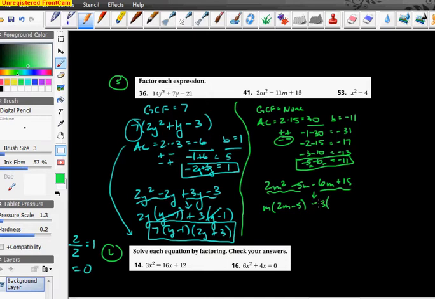Now when you divide, you're dividing by a negative 3, which is going to change your signs. 6 divided by 3 is 2, and it turns positive now: 2m. 15 divided by negative 3 is negative 5, and there's that repeating factor. 2m minus 5 comes out, goes away both times, m minus 3 right there.